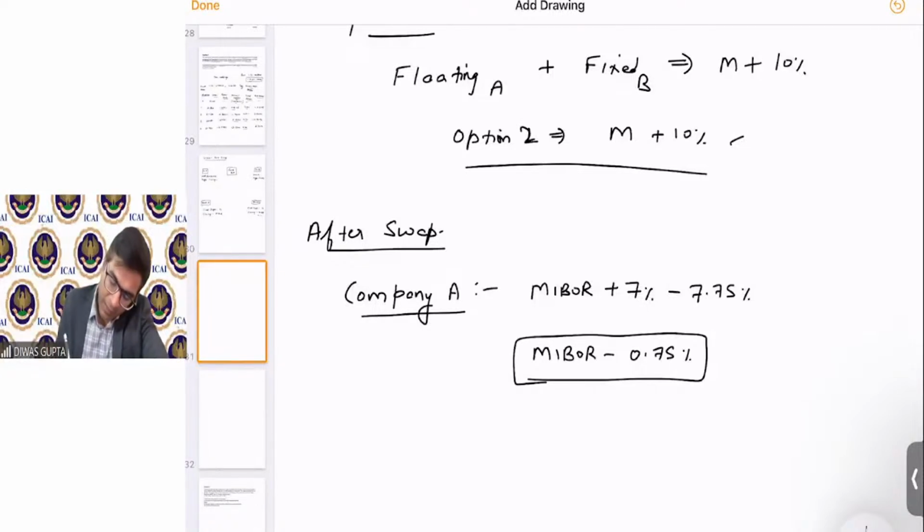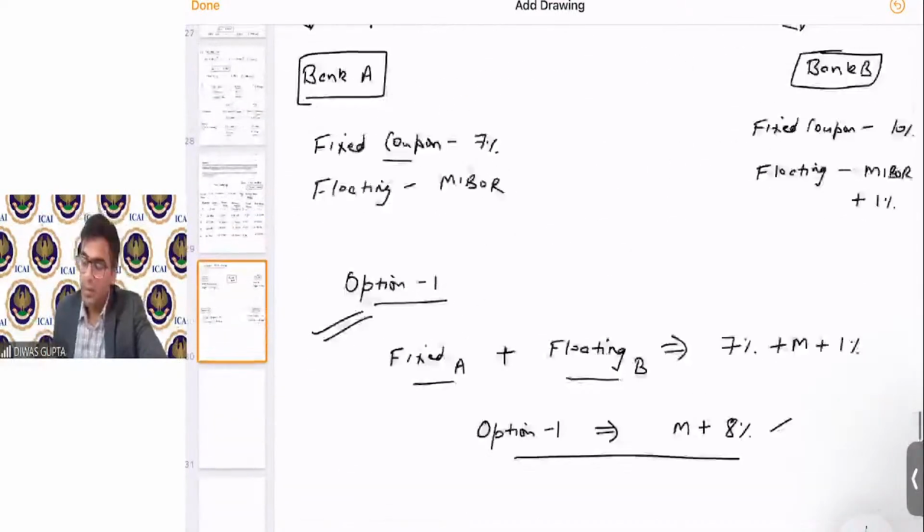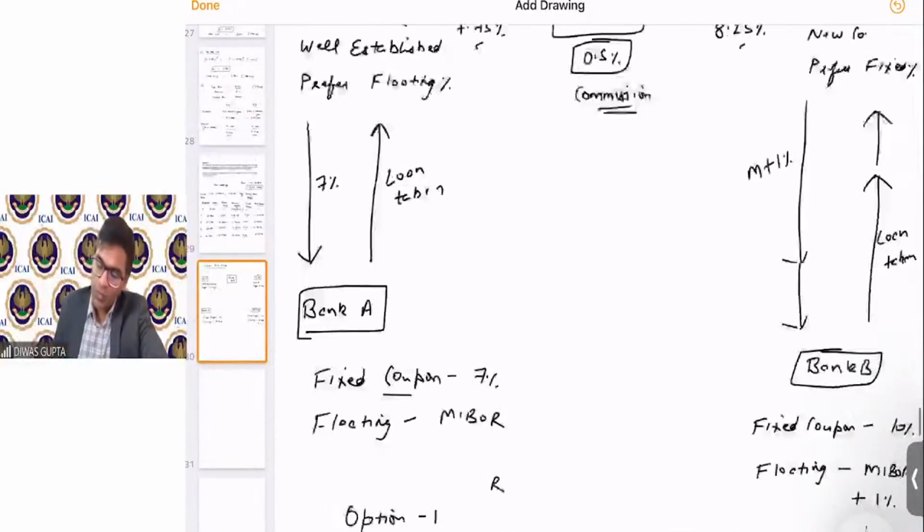For company B, first of all it is paying MIBOR plus 1% to bank B. Then it is receiving MIBOR from swap bank and it is paying 8.25 to swap bank.